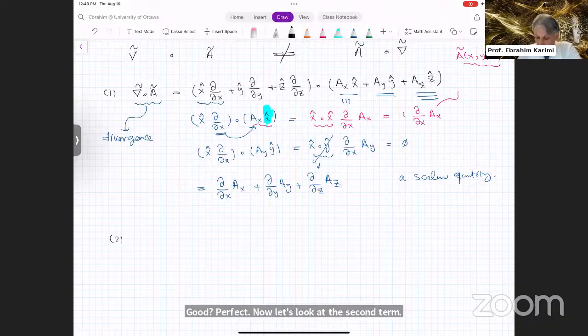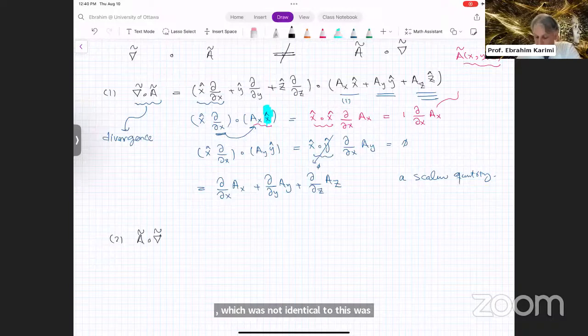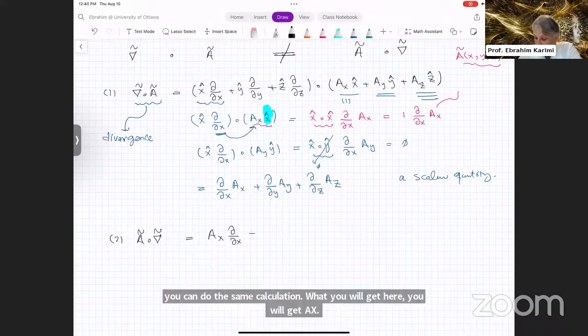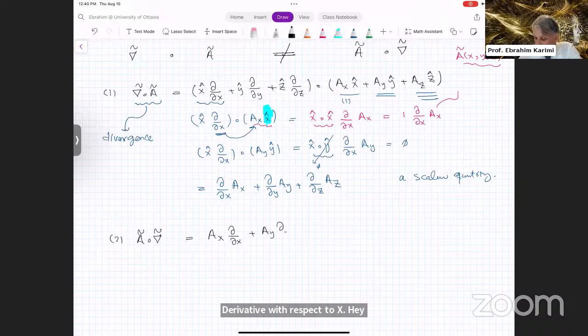Now let's look at the second term, which was not identical to this: A dot del. This has no name, by the way. It's just a dot product of a vector with nabla. You can do the same calculation. Here you will get ax derivative with respect to x, plus ay derivative with respect to y, plus az derivative with respect to z.